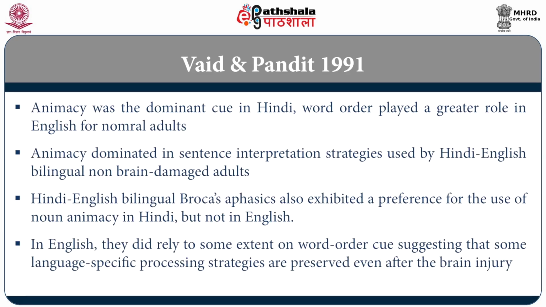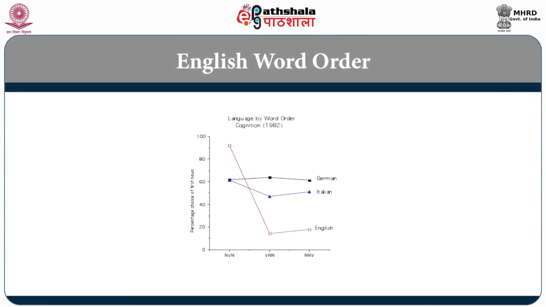Now, what I mean by a particular cue being important: the picture shown to you on the screen next doesn't relate to the study I described to you, but I put this picture just to draw your attention to the fact that researchers wanted to know how important word order is for English users, Italian users and German users.